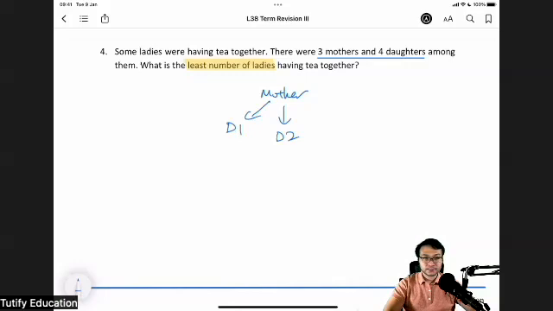What else can I do? Is there enough people or not? No. So what else? Who else do you want to add? You only have 2 daughters.